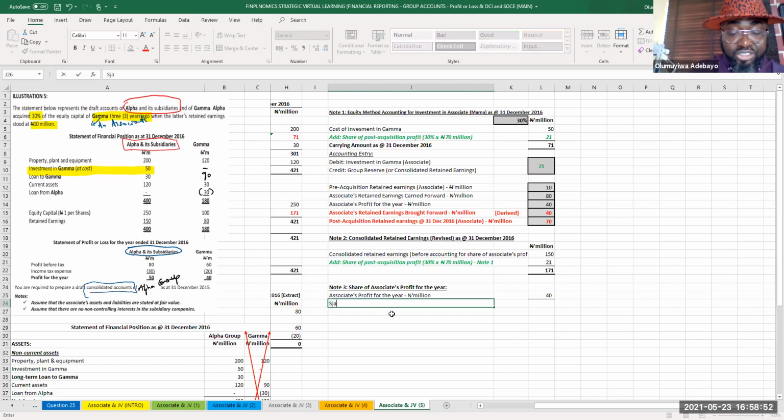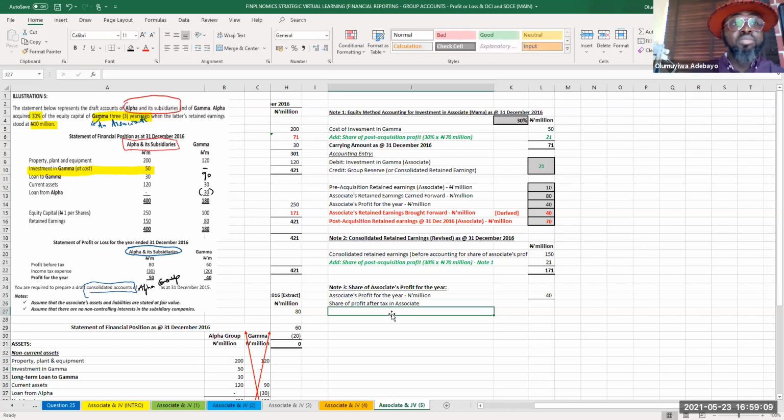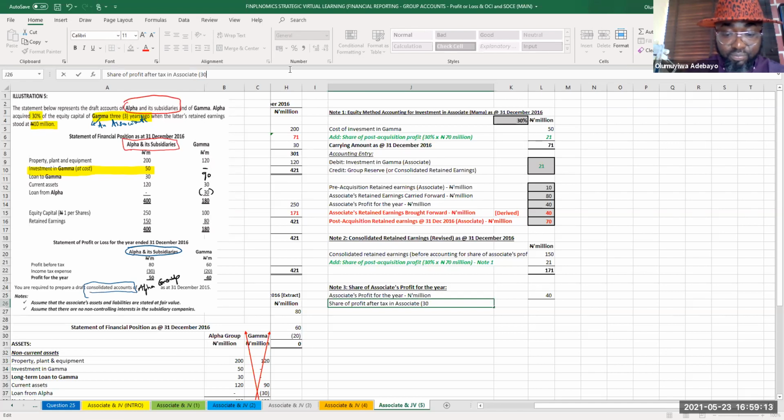Therefore, our share of profits after tax in associates. Remember, profit or loss deals with each period, will be that 30% multiplied by the 40 million.